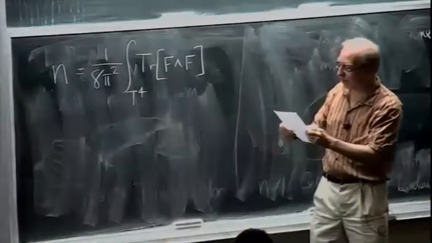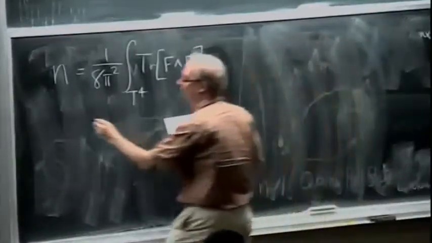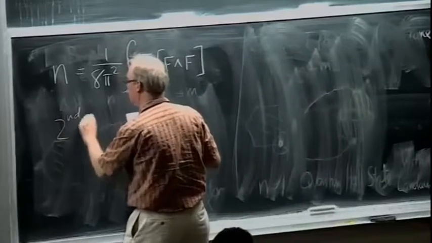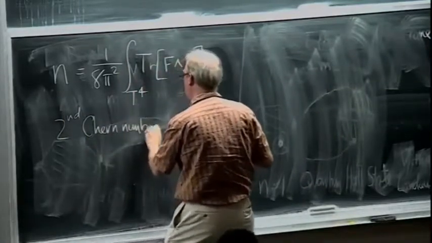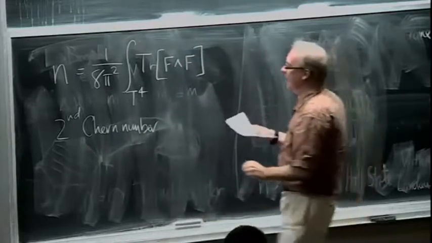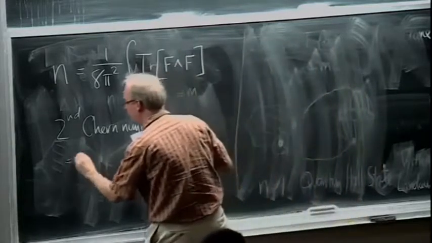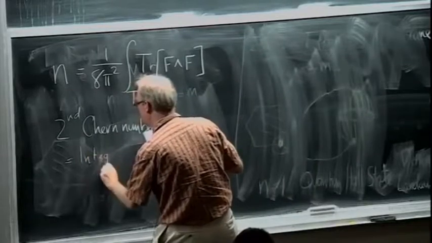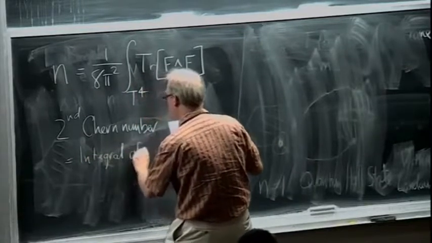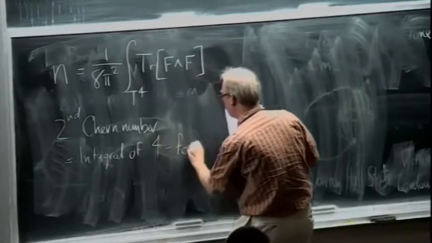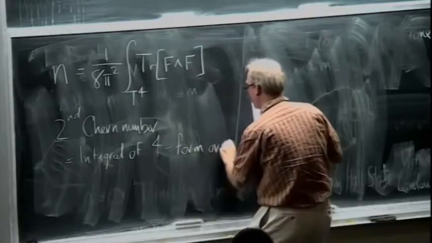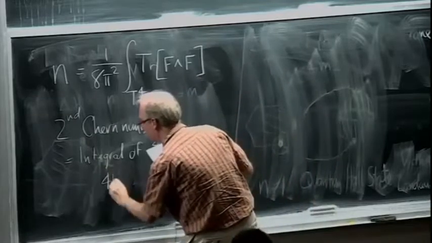This is called the second Chern number, which is an integral of a 4-form over the 4-dimensional Brillouin zone.